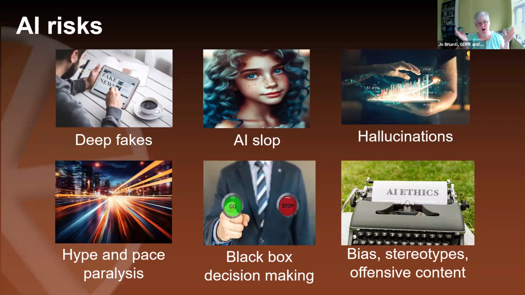Okay. Bias, stereotypes, offensive content. You've only got to have somebody who is racist, misogynist, all the ists, the isms, in the background programming the algorithms or the tools, and you can very quickly get a large language model or an AI tool that suddenly excludes anybody, for example, with a disability, because I've got an ism around disabled people.